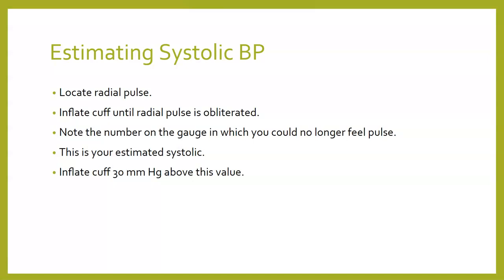At that point, you're going to note the number on the gauge at which you could no longer feel the pulse. This would be your estimated systolic. Then once you get that, you can wait about 30 seconds to a minute and then take their actual blood pressure, and you're going to inflate the cuff 30 millimeters of mercury above the estimated systolic.